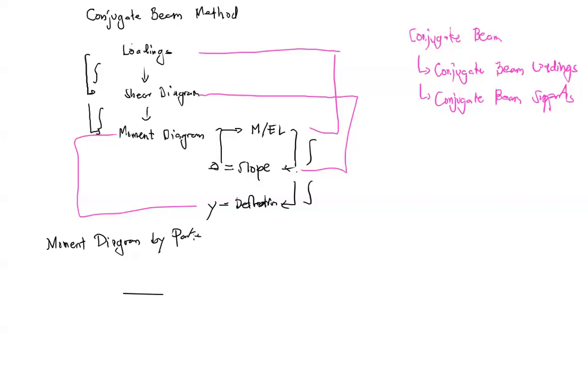So, kung meron kang, for example, halimbawa, sige, para lang ma-appreciate, distributed load. So, meron akong distributed load na W ulit. So, when we do moment diagram by parts, kailangan lang nating i-determine anong degree.